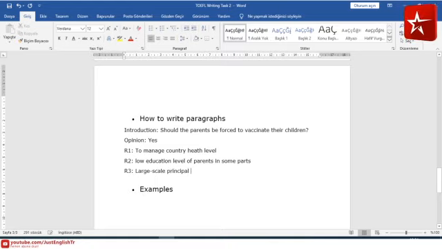I will use some economical knowledge, and I will say reason 3 is large-scale economy.